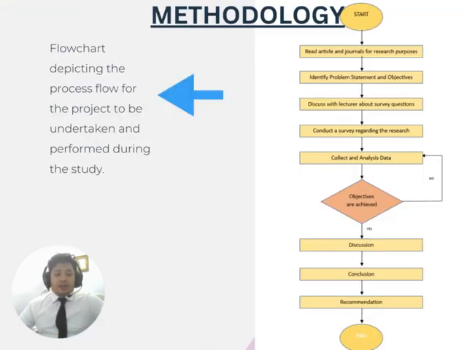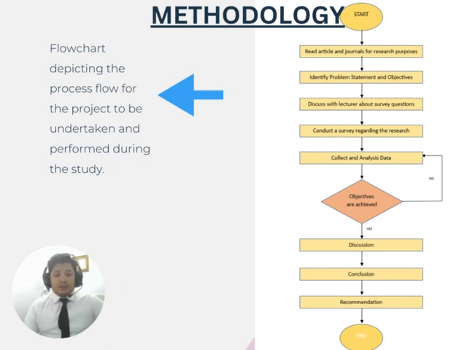So here is the methodology for my study. First, I will start and then I will read articles and journals for research purposes, regarding the case study, and then I will identify the problem statement and objectives of my study. Then, before conducting the research, I will discuss survey questions with lecturers.